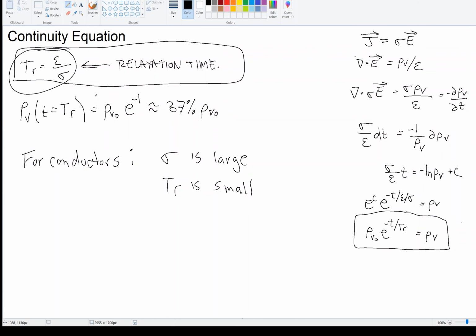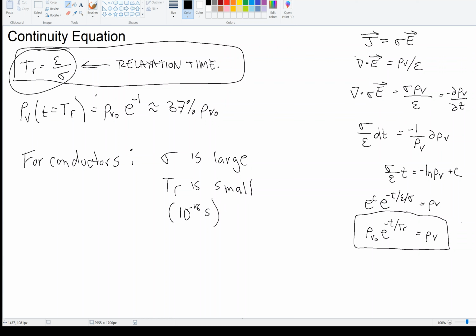So, for example, for good conductors, Tr might be roughly 10 to the minus 18 seconds. Insulators, by the way, can have Tr be something like 100 days. Okay, so that gives you a feel of the discrepancy we're talking about here.